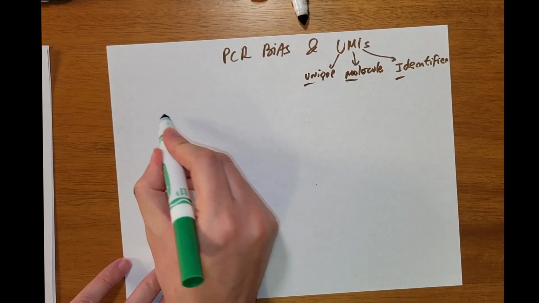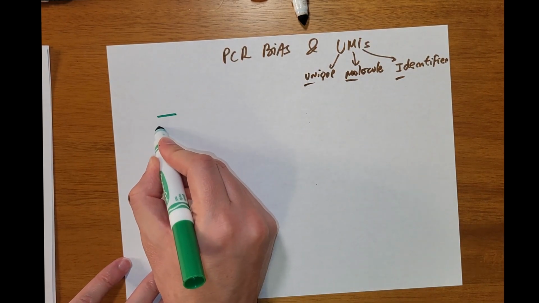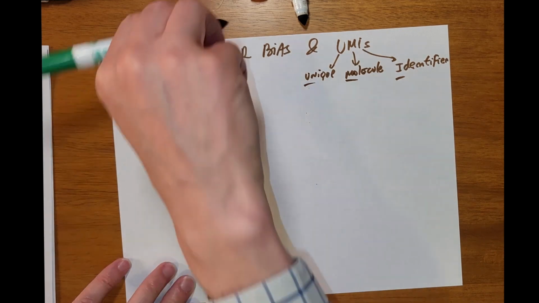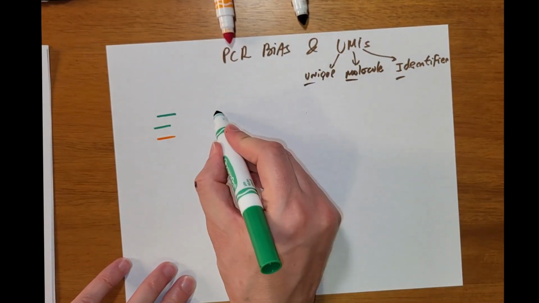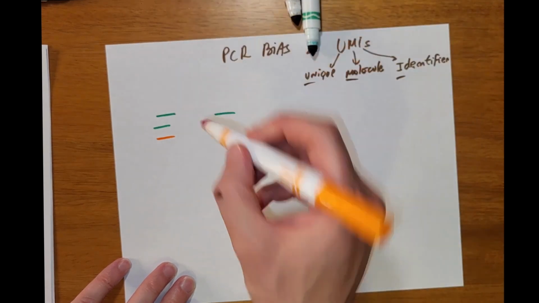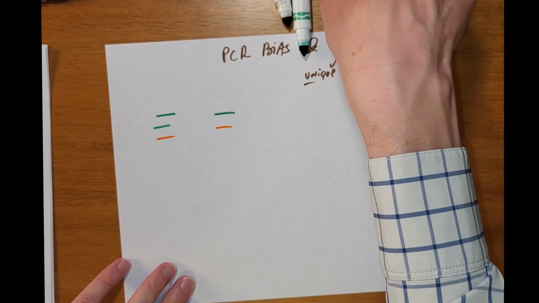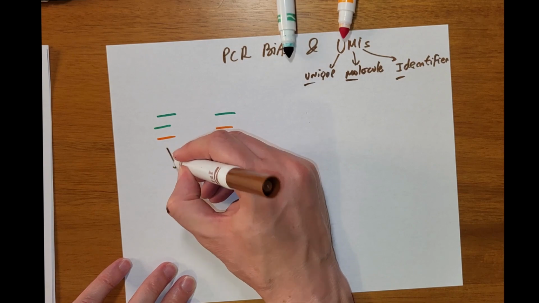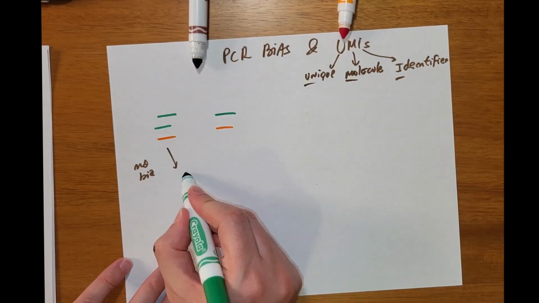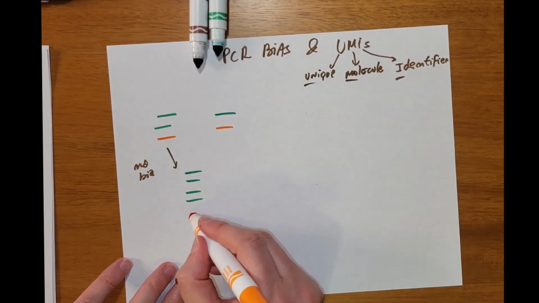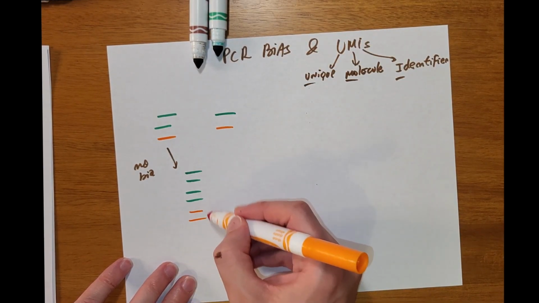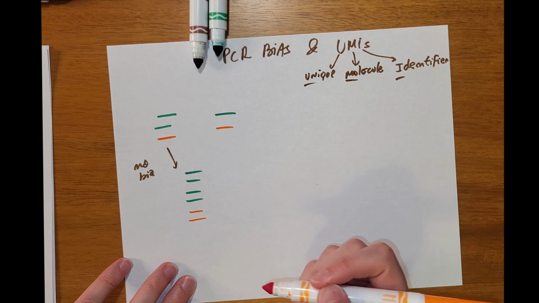So for example, we can start with a sample that has 3 reads, 2 are green and 1 is orange. Then we can have another sample that has 1 green read and 1 orange read. And if there is no bias, you will end up with double the amount of green reads and 1/3 of the amount of the orange reads.